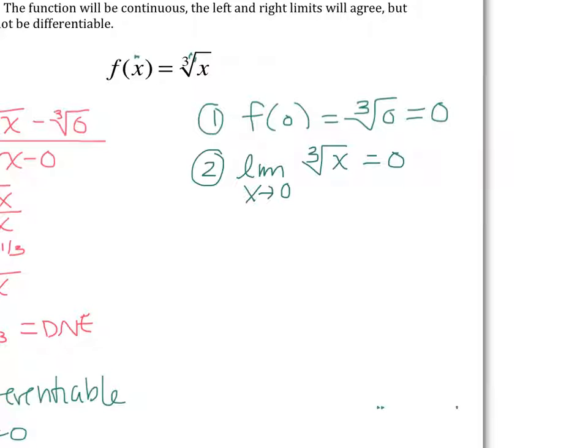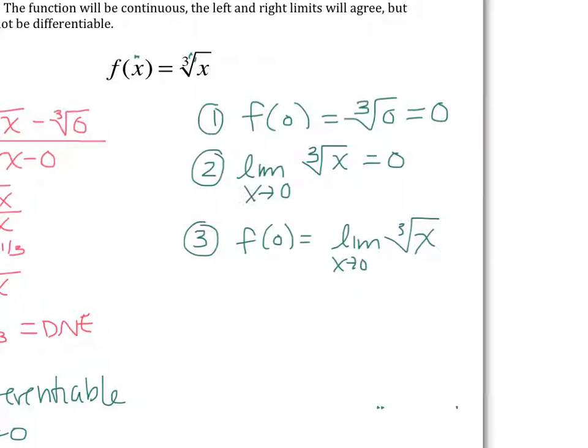Before, with the derivative, we had a special definition, the definition of derivative, so we use limits, but it's not quite the same thing as just taking the limit of the function. And then for 3, I can show that f of 0 is equal to the limit as x approaches 0 of the cube root of x. So that shows that this function is continuous at x equals 0. It's just not differentiable at x equals 0.